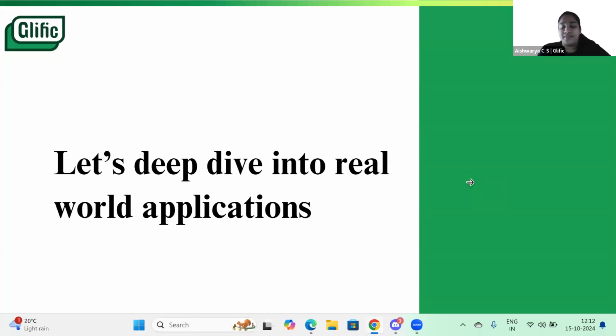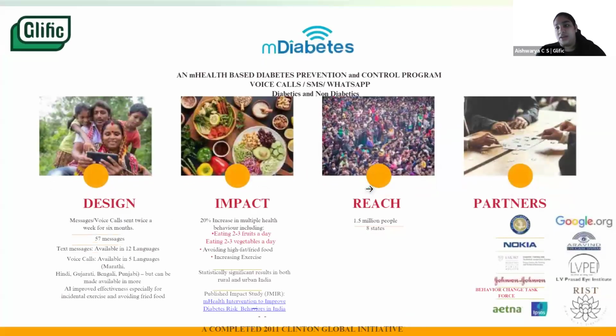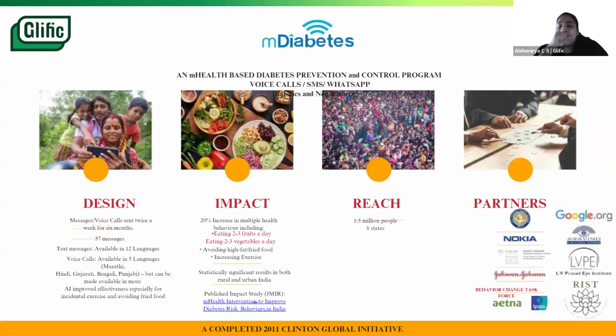Yeah, thanks, Neha. So the first use case that we are going to talk about today is our Arogya World use case. Arogya World has mDiabetes, meaning mobile diabetes program.